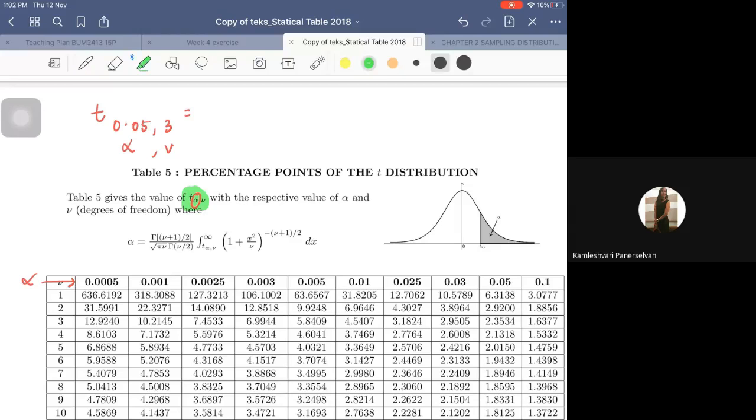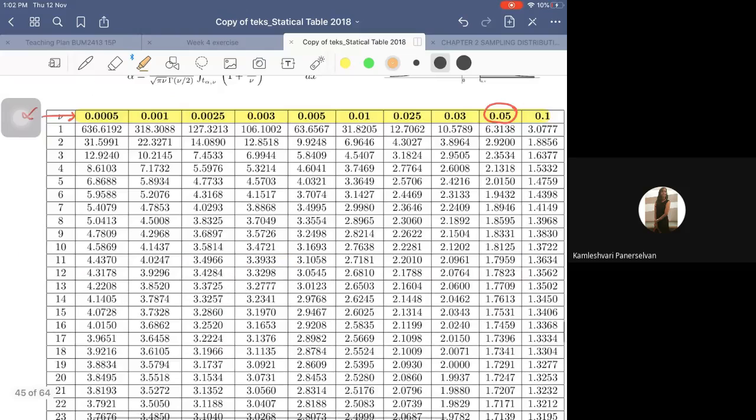So this whole thing over here is going to be the value of alpha. In this case, I wanted to find the case of alpha equal to 0.05. So where's the 0.05? It's going to be right there. That is the column that I will be referring to. Then I have to consider my nu, which is equal to 3, and I have to refer to the row on this side.